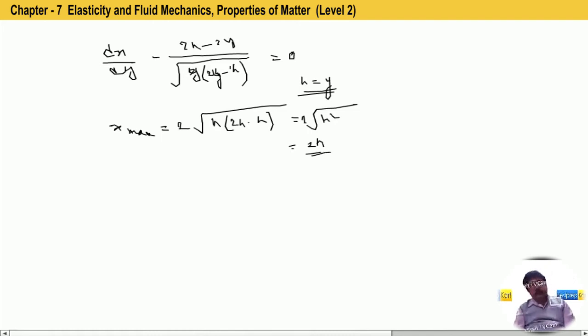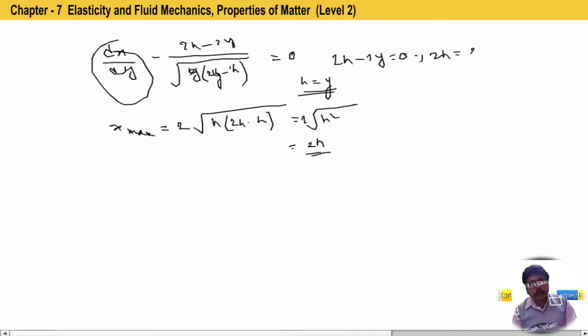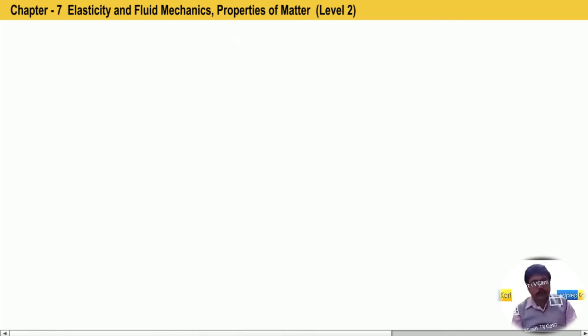So x max is equal to 2h, and while it is a maximum, the derivative becomes 0. So if it is 0, then 2h minus 2y is 0, so we can write 2h is equal to 2y. So we can write h is equal to y. So these two options are correct.